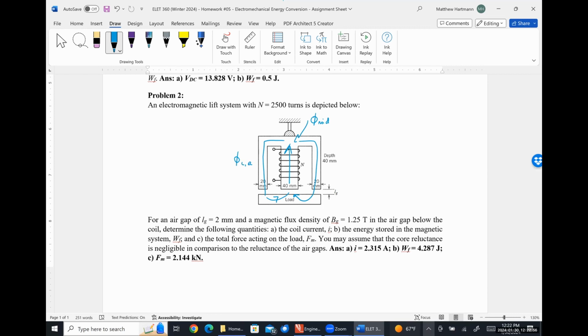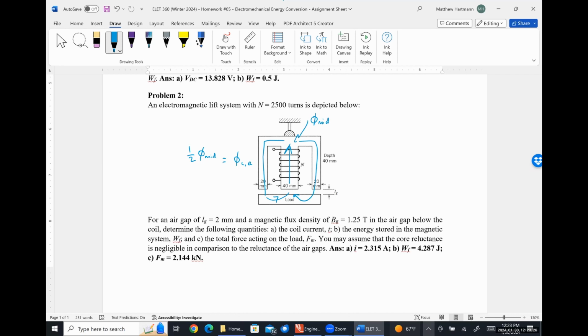Because our circuit sees those two identical paths effectively in parallel, we know that this is just going to be 1/2 of whatever flux we have flowing through the middle leg. So I'm going to use that to figure out the magnetic flux density in each of those air gaps, and use those to do my energy storage calculation. Okay.